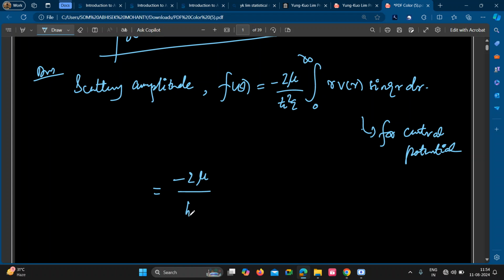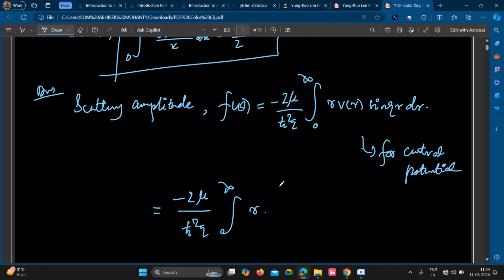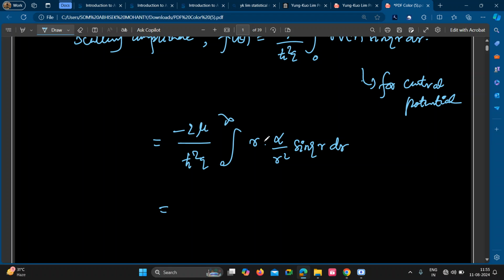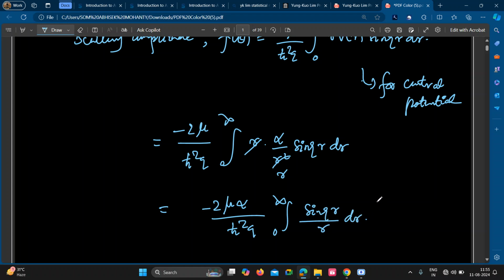Minus 2 mu by h cut square q, integral 0 to infinity r into alpha by r square sine qr dr. The r got cancelled here and alpha will go out. So minus 2 mu alpha by h cut square q, integral 0 to infinity sine qr divided by r dr. This is the integration.